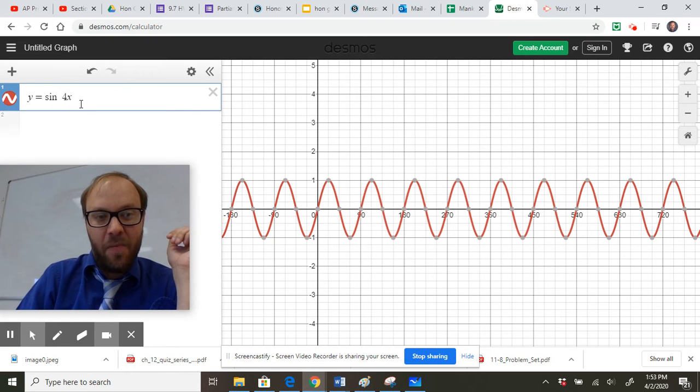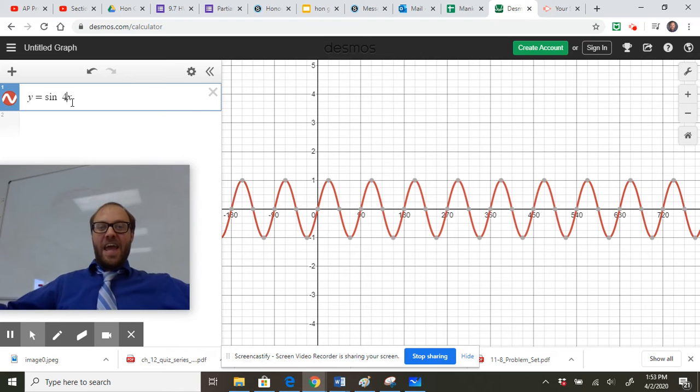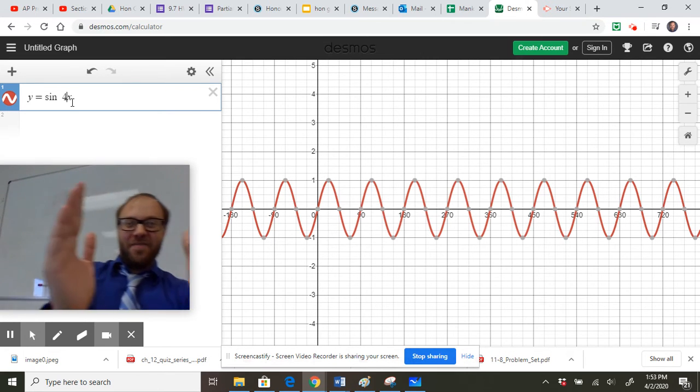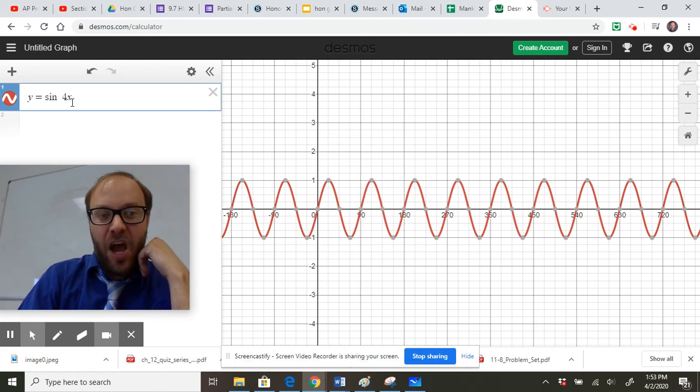Now, to get a 0 back, you don't have to put a 360 into here anymore. You can put a 90 in there because 4 times 90 will give you that 360. So because x is being multiplied by 4, you can put in an x that's a fourth as big. And that's narrowing down that range. It's making the graph a fourth as wide, or you could think of it as moving 4 times as quickly.